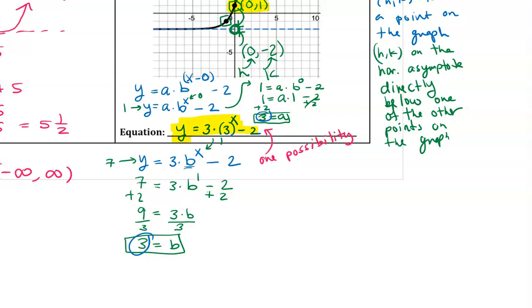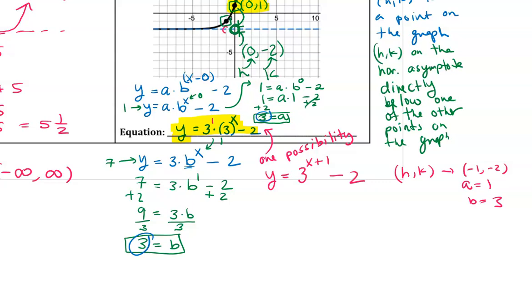I won't go into details about how, but maybe I'll just point out this a is to the first power and these bases match. So another possibility would be y equals 3 to the power of x plus 1 minus 2. If you wrote this equation, this would have been if h and k was (-1, -2), and in that scenario, a is 1 and b is 3.